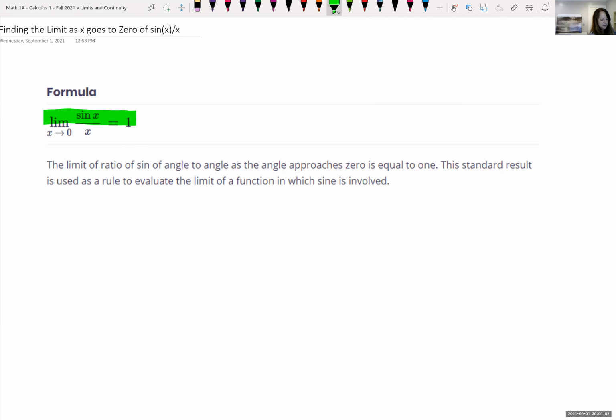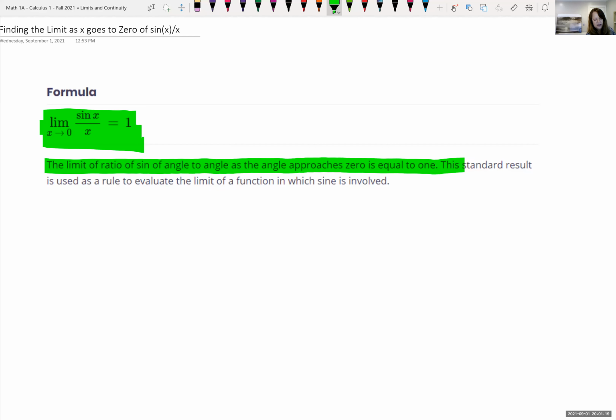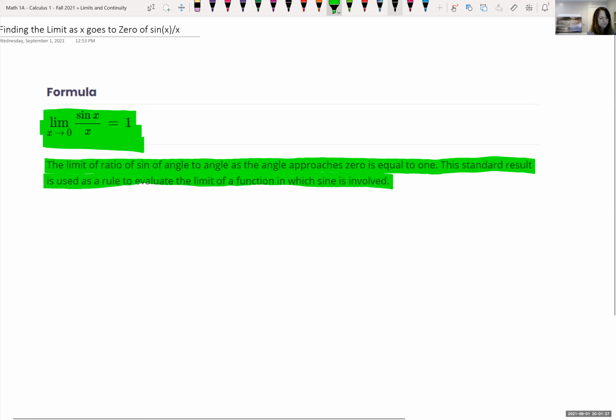So if we can manipulate what we're taking the limit of as x goes to 0 of sine of x over x, this equals 1. It says the limit of the ratio of sine of an angle to an angle as the angle approaches 0 is equal to 1. This is a standard result used as a rule to evaluate limits of a function in which sine is involved.